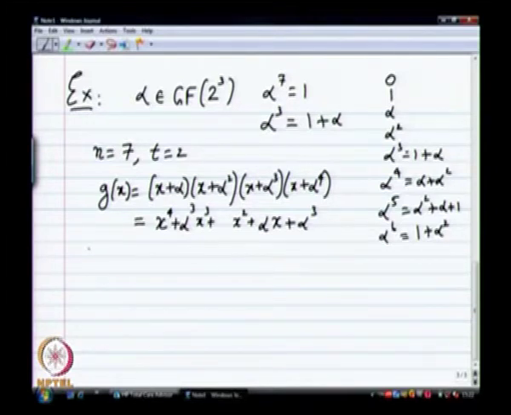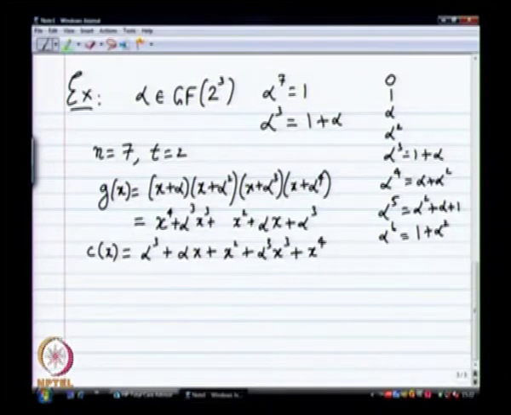So, let us say we transmit the code word c of x, which equals the same thing. Okay. And just to be consistent with the way we have been writing, I will write c of x like this. And to make our computation of syndrome easy, what is a good R of x to assume?